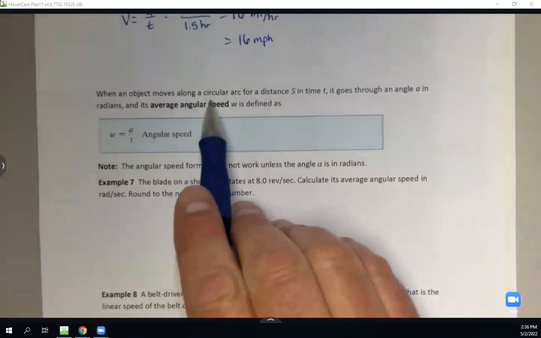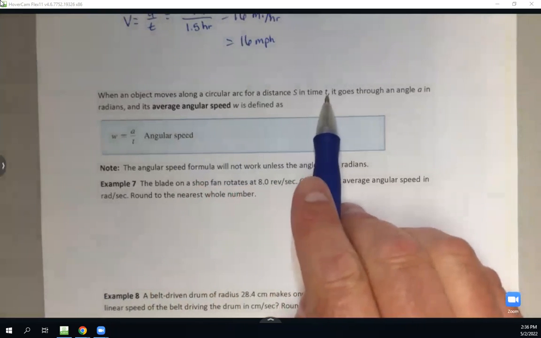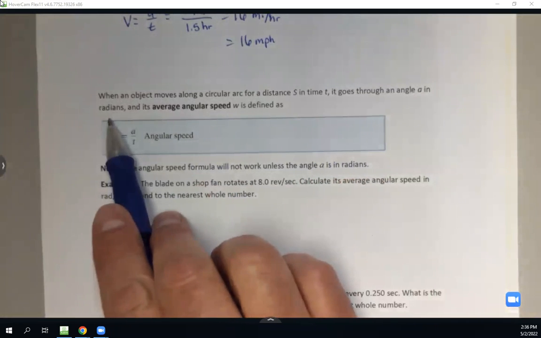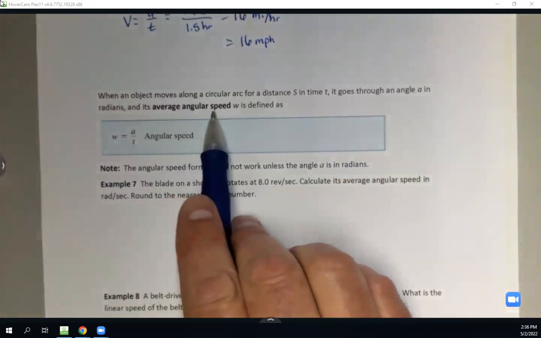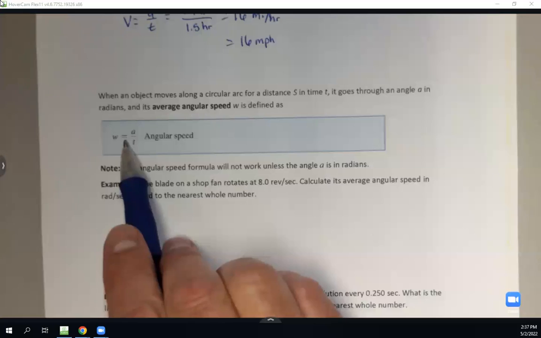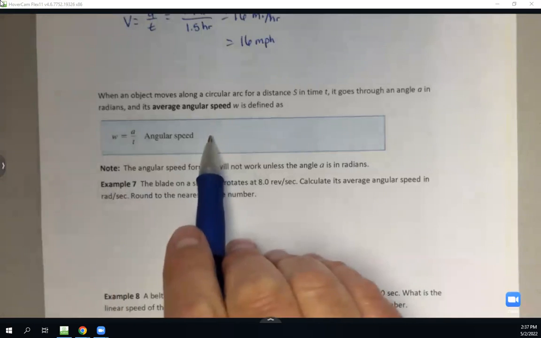When an object moves along a circular arc for a distance s in time t, it goes through an angle A in radians, and its average angular speed W is defined as W equals A over T. So that's our definition for angular speed.